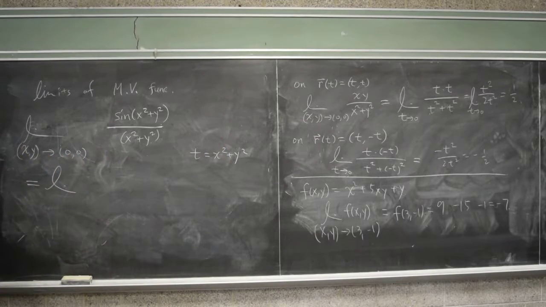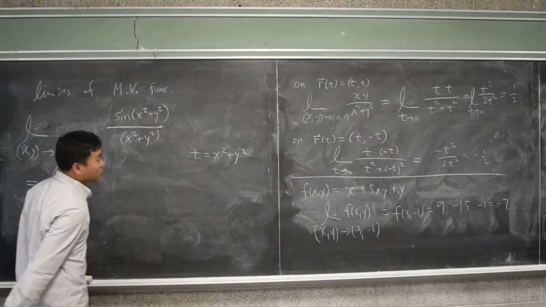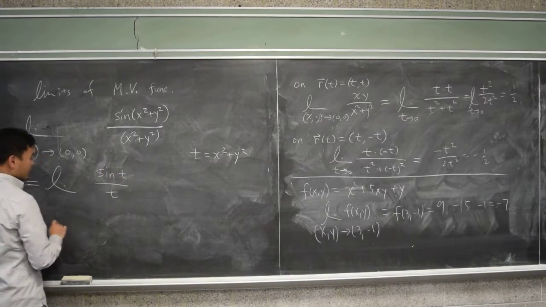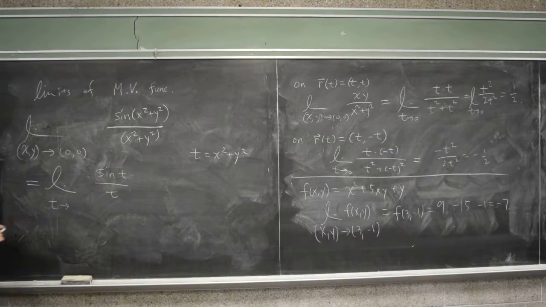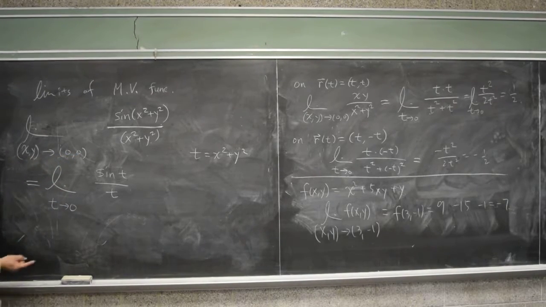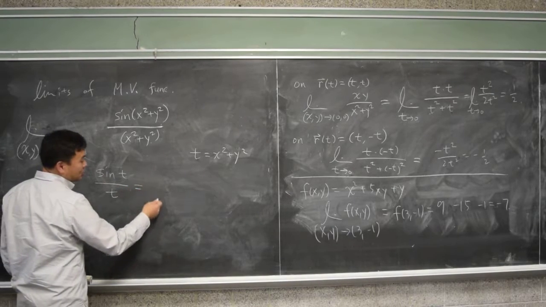Okay? This t is not a parameter, I'm just doing a change of variable. If I do sine of t over t, and then t would go where? Huh? It would go to 0. If (x,y) is going to (0,0), t would also go to 0, right? So in that case, the limit would be 1.